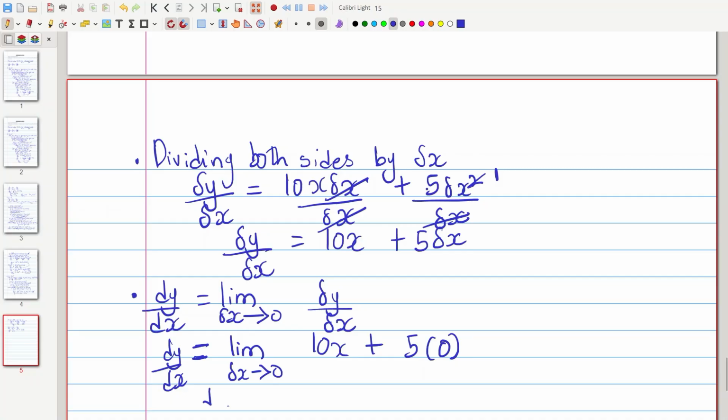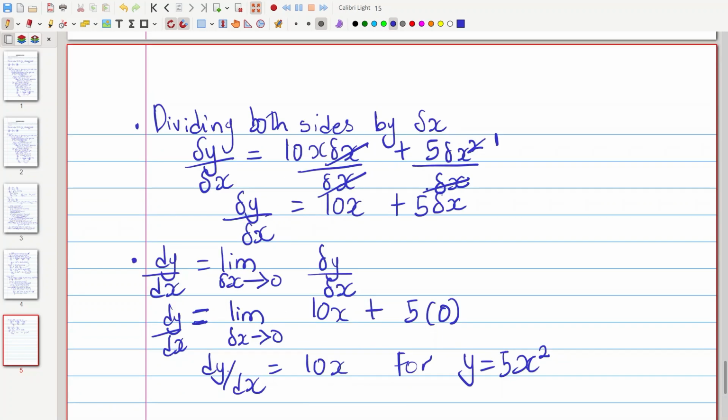So this should be dy dx equals 10x for y equals to 5x squared. So this is all for the first principle.